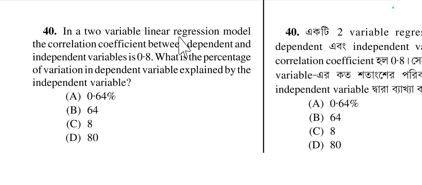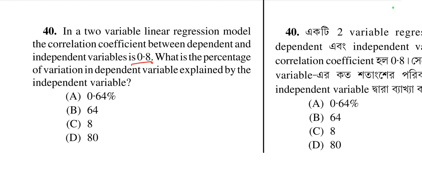In a two variable linear regression model, the correlation coefficient between dependent and independent variable is 0.8. What is the percentage of variation in dependent variable explained by the independent variable?